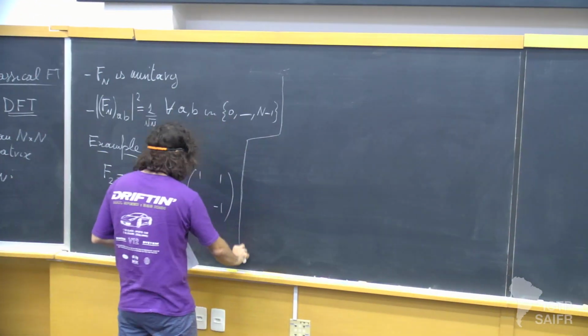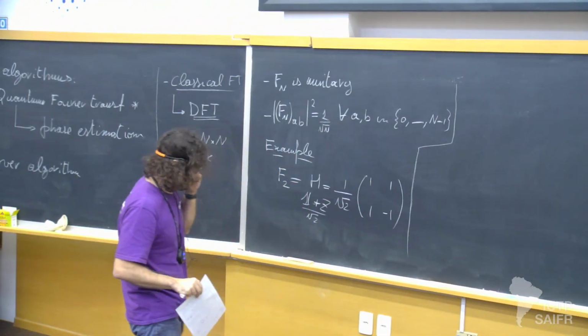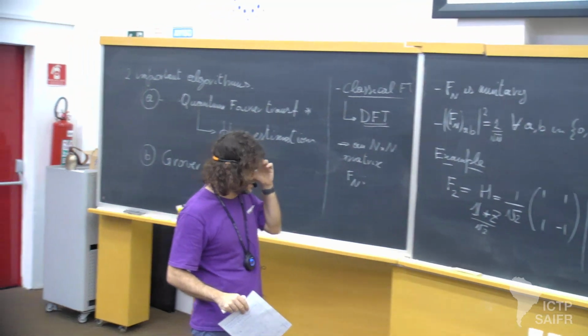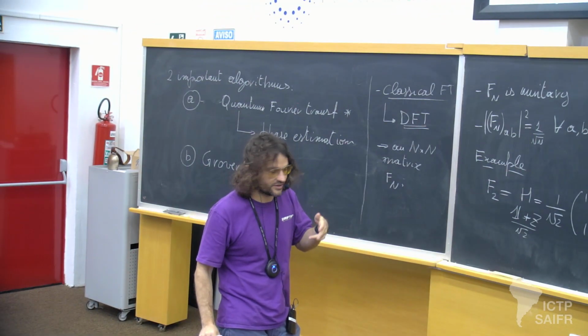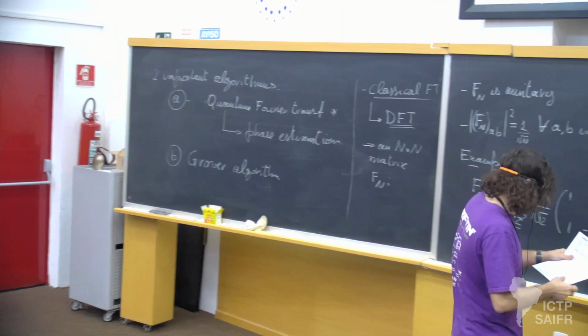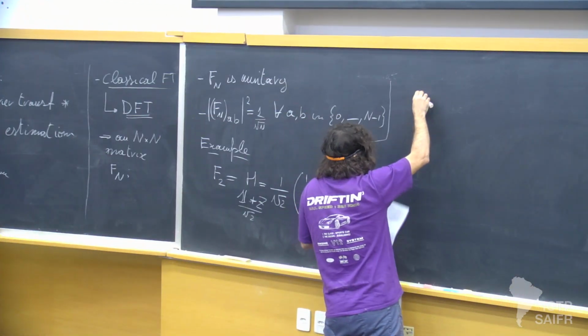Now, if we want to go to larger n, it's very easy to realize that you cannot do it with real numbers, so you have to play with complex numbers. And the prescription is very simple.